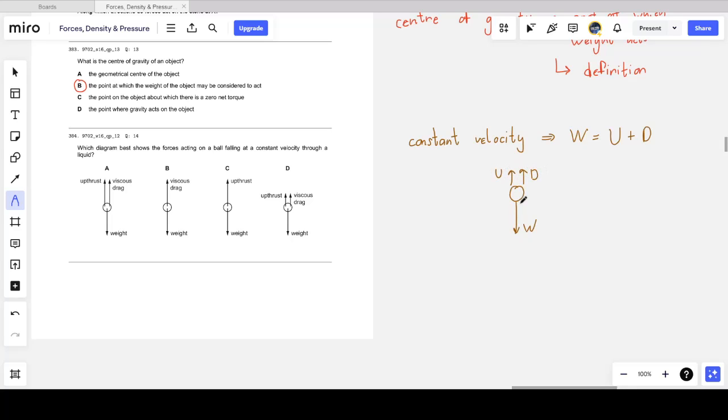And the sum of those arrows must equal the length of the arrow pointing downward. And this, as we can see, if we would just use a ruler, we could see that corresponds to option D. Upthrust plus viscous drag both act upward. Upthrust by name always acts upward, but drag is upward because the ball is falling down. Since it's constant speed, the weight must equal the upward forces. And so that's option D.